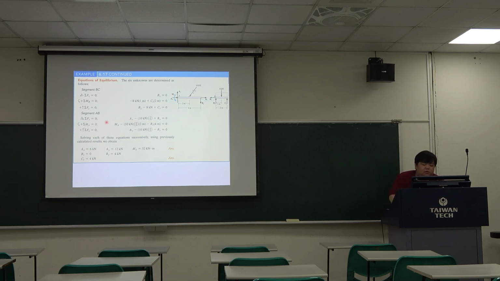And when we do the summation moment A equal to 0, we put the moment point at point A. So we just carry this force into this moment, and combine together equal to 0. And don't forget this force can be divided into the y direction and x direction. The y direction gives point A a negative moment, and this direction gives a positive one.